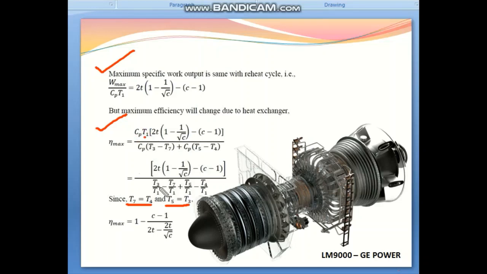So that becomes T3 by T1 minus T7 by T1 plus T5 by T1 minus T4 by T1. Okay, so this is the expression. Since T7 equals T4 and T5 equals T3, the maximum efficiency becomes 1 minus (the expression in terms of τ and the pressure ratio). Okay, so this is the expression for maximum efficiency.